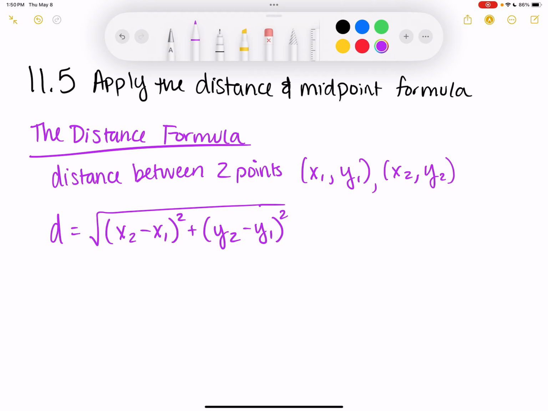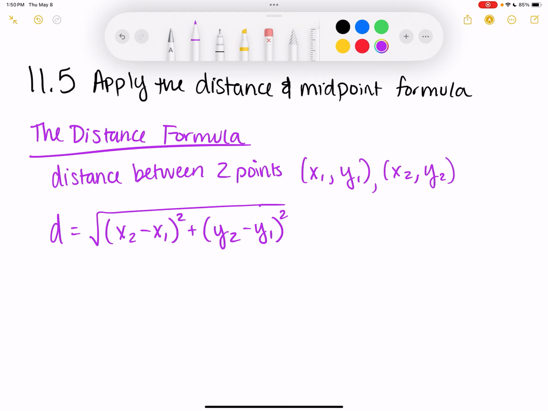So when you square it, whether it's a positive or a negative number, it's going to be positive. And then they're getting added together. So it doesn't matter, but you have to be consistent. You can't call this X1 and this Y2. It's got to be that way the whole time.